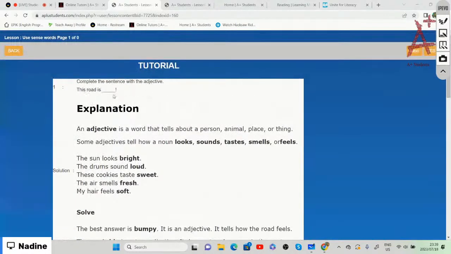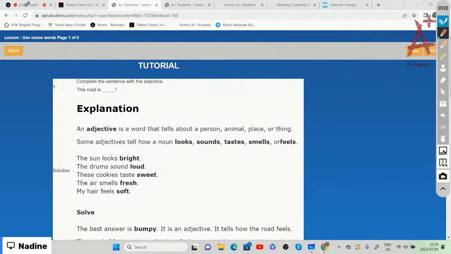The road is. We need to complete the sentence with the correct adjective. So if you were to describe a road, right, what are the words that you would use to describe the road? The road is. So we can maybe describe the road as being bumpy. We can even describe the road as being smooth.